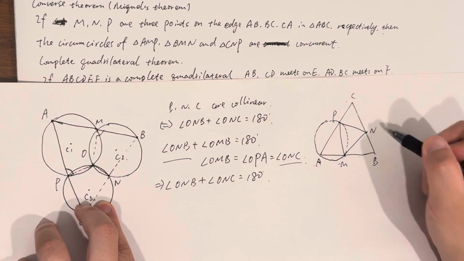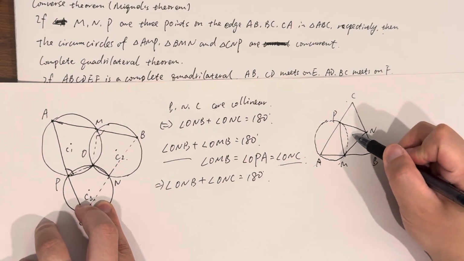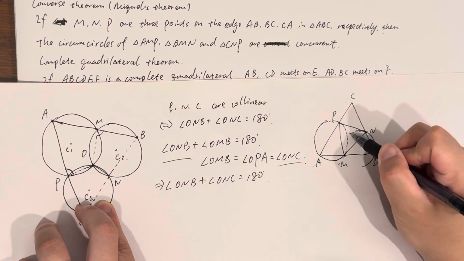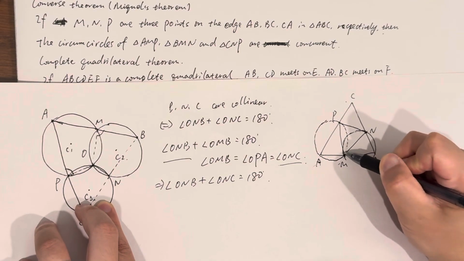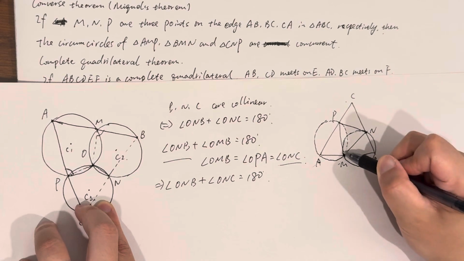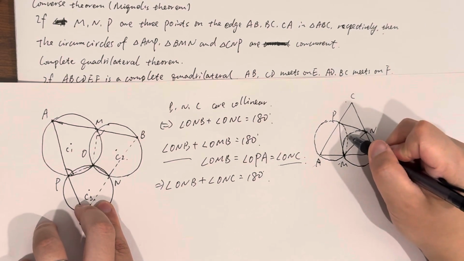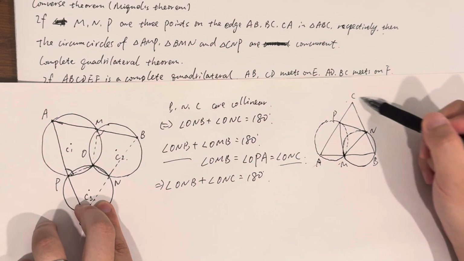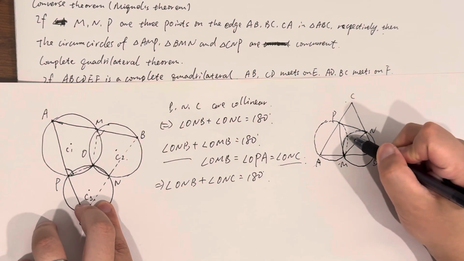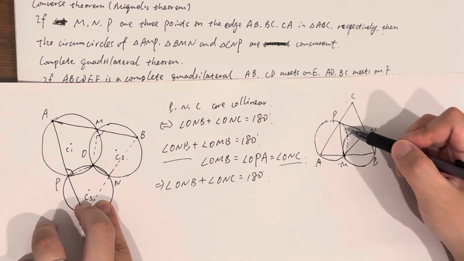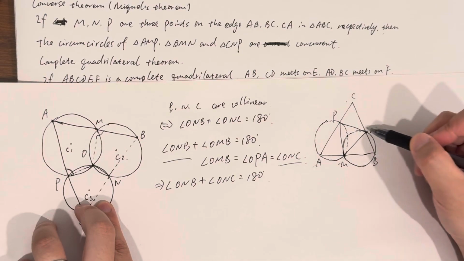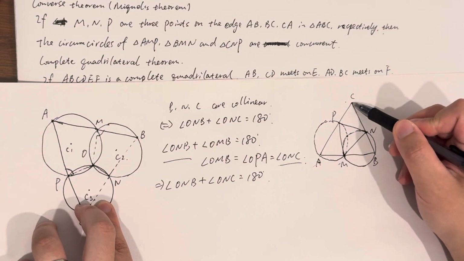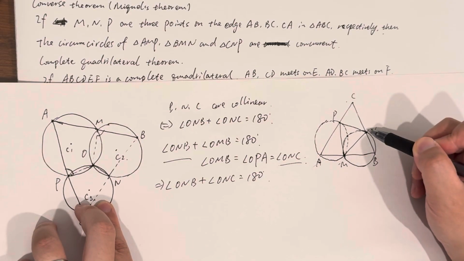and we have the circumcircle of triangle MBN here, right? And we will have the circumcircle of triangle CPN, and we want to prove that the intersection point of the circumcircle of triangle AMP and the circumcircle of triangle BMN is on the circumcircle of triangle CPN, right?